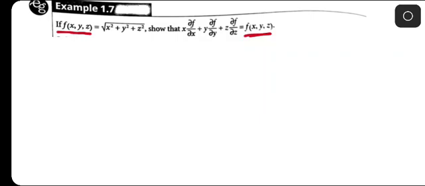So we're supposed to show that if we take the partial derivatives and multiply them, they must give us that. So we are supposed to find the partial derivatives of what we are given.